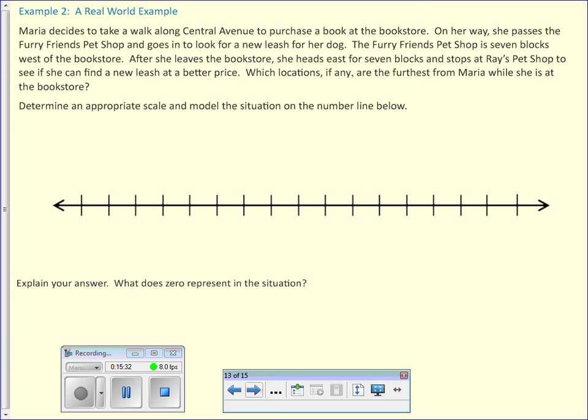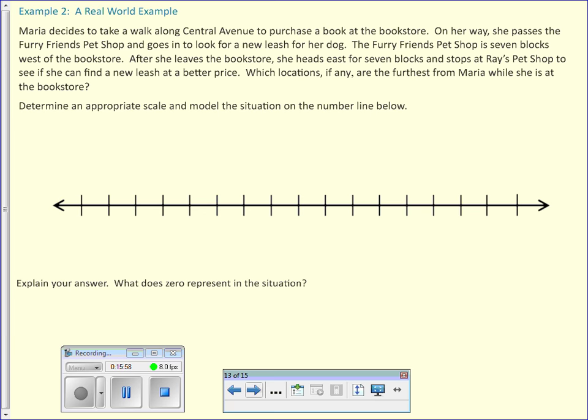The Furry Friends pet shop is 7 blocks west of the bookstore. After she leaves the bookstore, she heads east for 7 blocks and stops at Ray's pet shop to see if she can find a new leash at a better price.